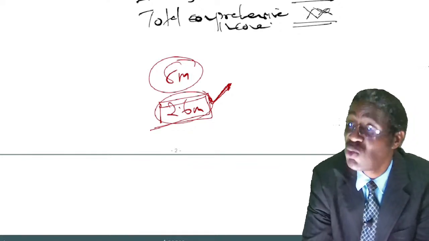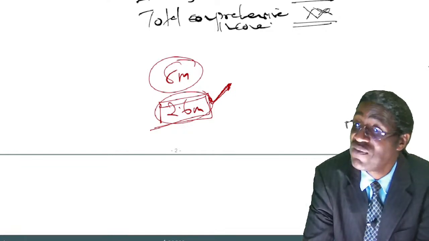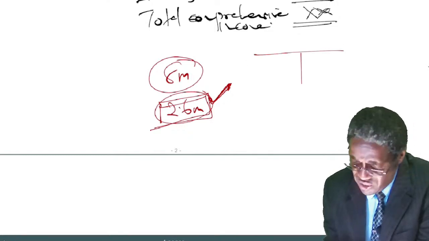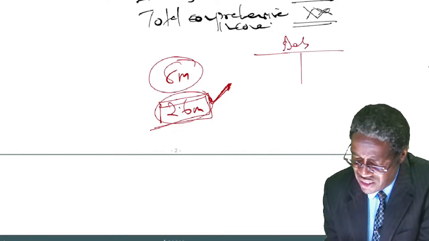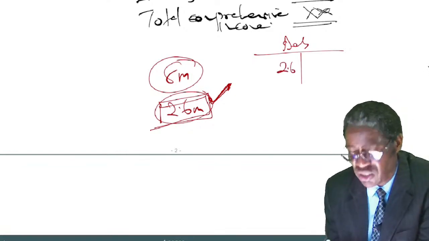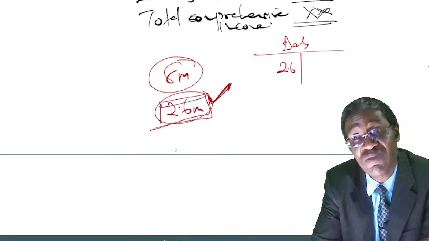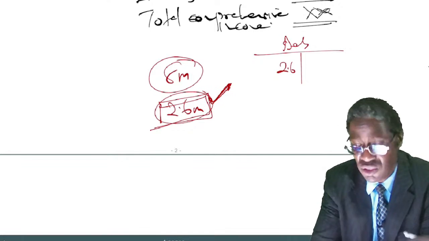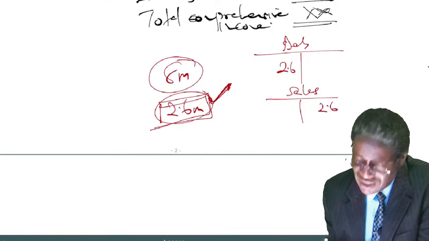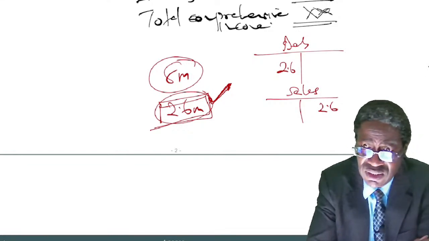So what did you do when you sold them? You must have debited debtors. You must have credited sales. That's obvious. You must have debited debtors initially by 8 million, but out of 8 million, only now 2.6 is remaining. So you must have debited debtors by 2.6. You must have credited what? Sales.